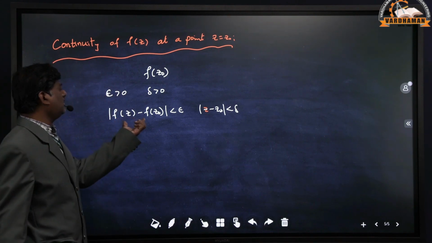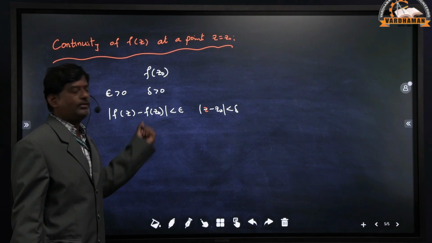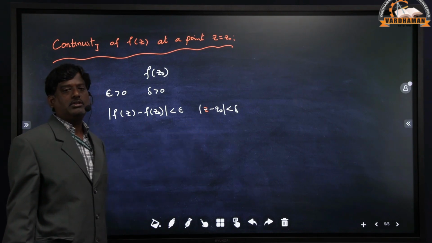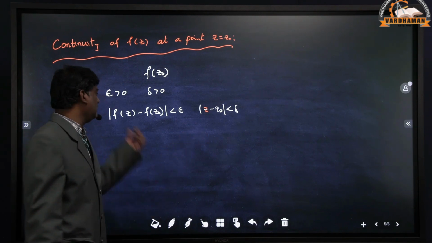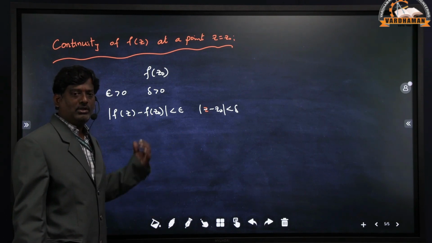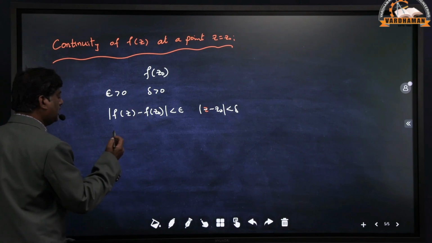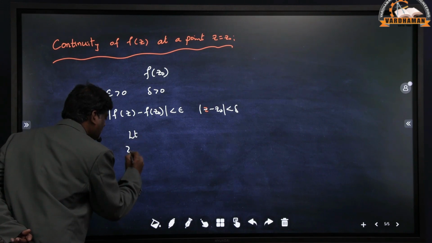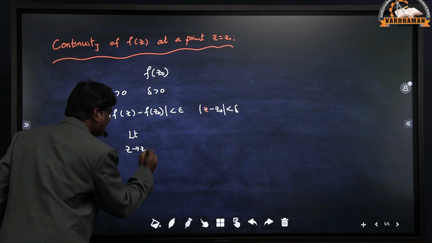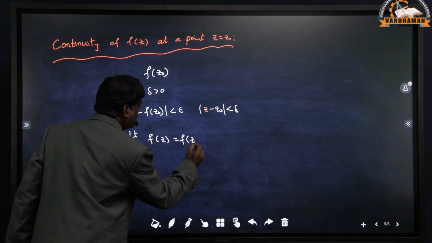This means the function approaches the function value as z approaches z naught. When z approaches z naught very closely, the function is almost equal to the function value. Symbolically it is denoted by limit z tends to z naught f of z is equal to f of z naught.